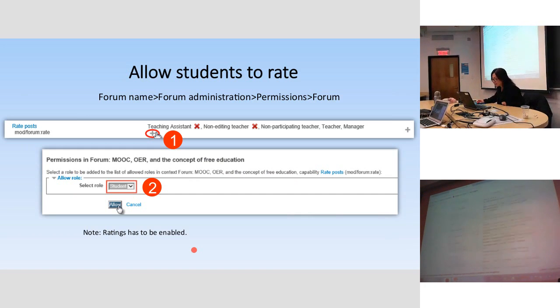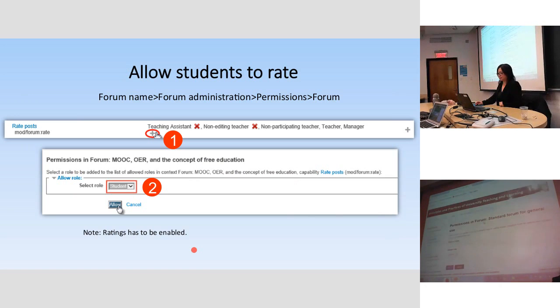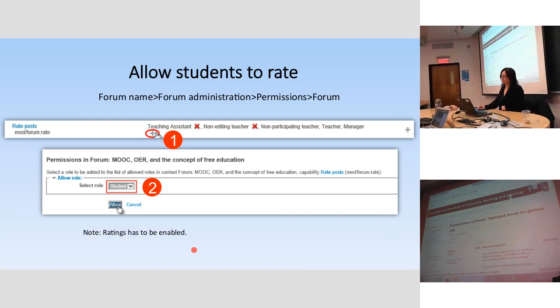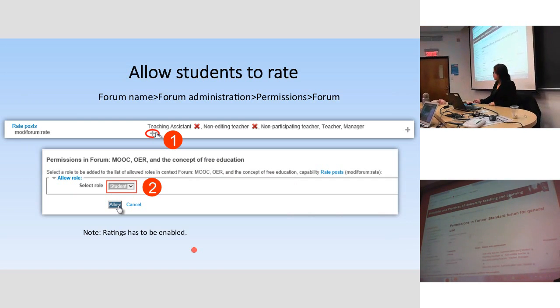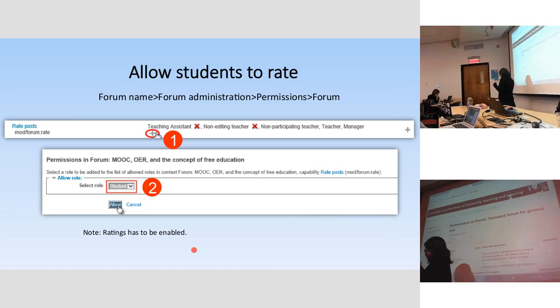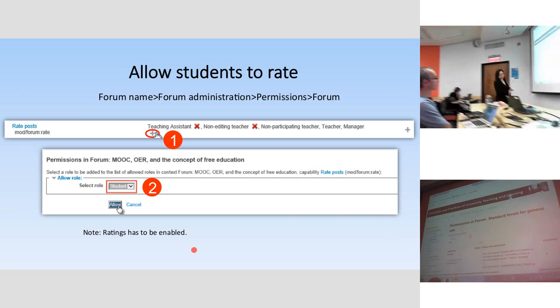So now, if we want to rate, okay, here, I can click this to add. I select from this dropdown, I select student, and I allow. Now student will be able to rate. Okay, something to keep in mind. And there are things you can manipulate to serve your diverse pedagogical needs. I need to go back to PowerPoint.